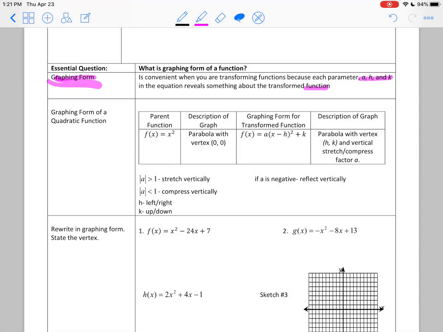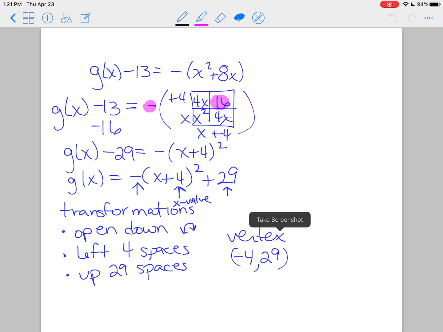Alright, this is not working the way it's supposed to. It's supposed to allow me to copy and paste. Anyway, it's f of x equals x squared minus 24x plus 7.